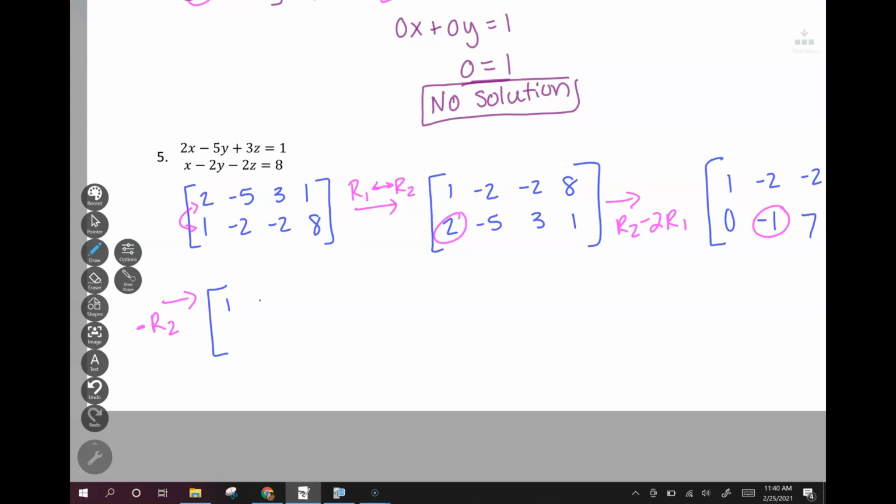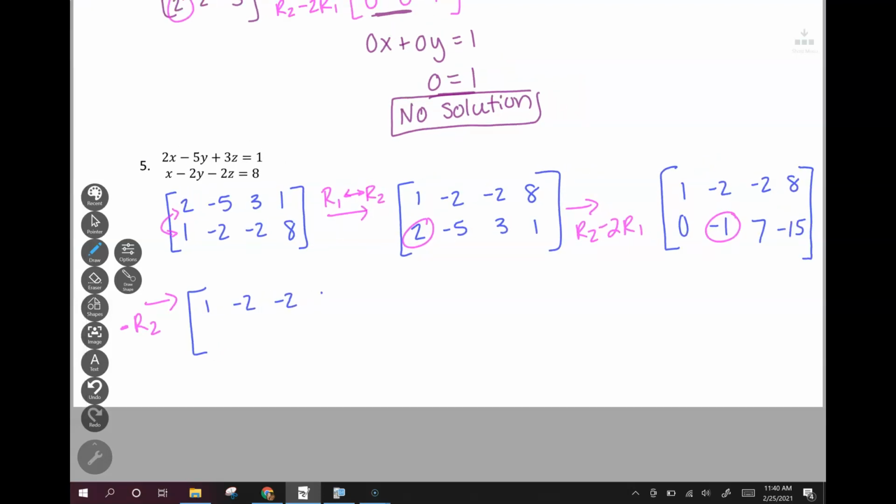So I've got 1, -2, -2, 8. Now this becomes 0, 1, -7, +15. All right, that's as far as you can go for row echelon form on this one because there's no row below that to continue going with.